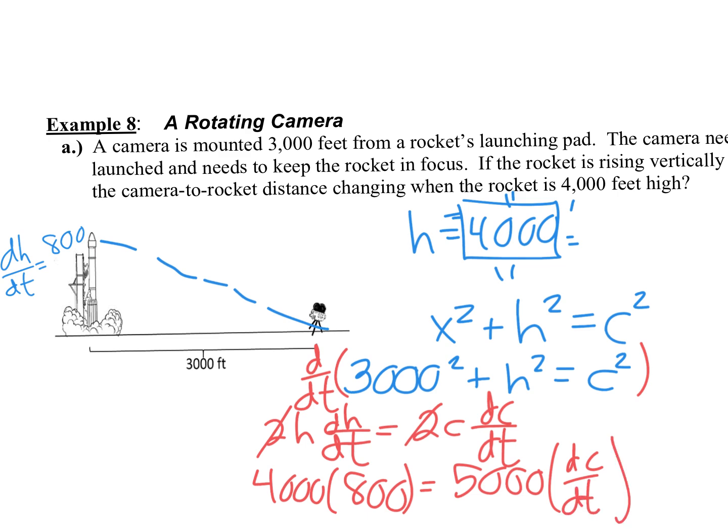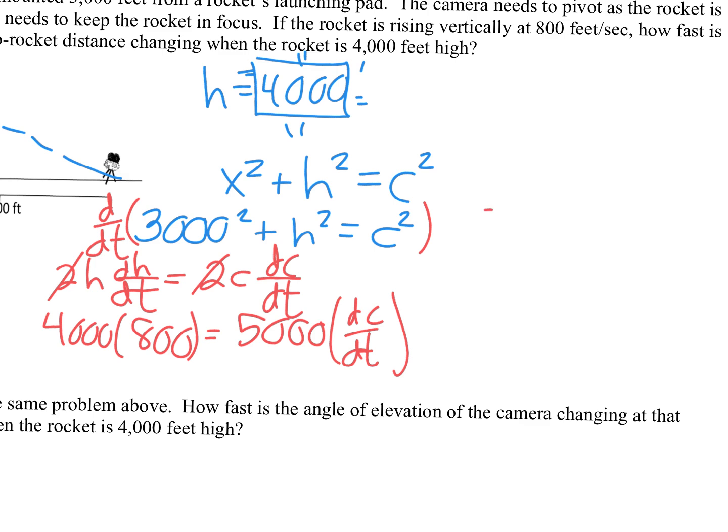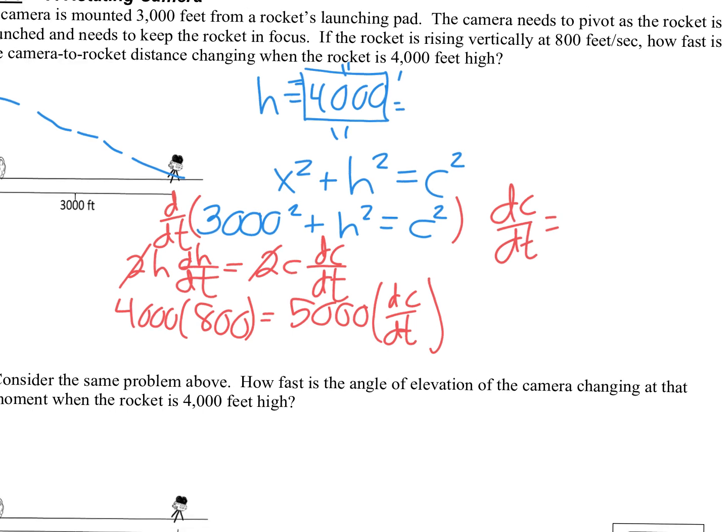Harper, what do you think that is? We get to get rid of 3 of the zeros. So it'd be 32 and 5 zeros. Take away 3 of those zeros. So it's 32 and 2 zeros divided by 5.